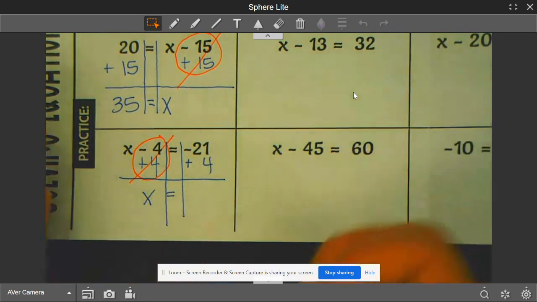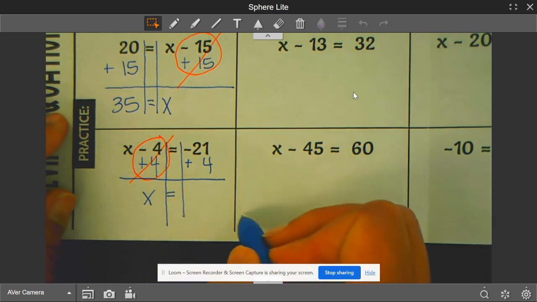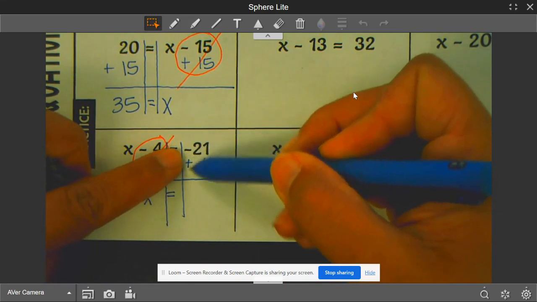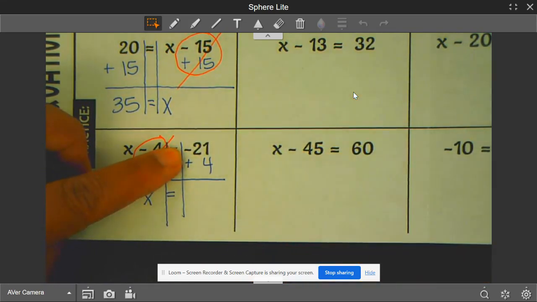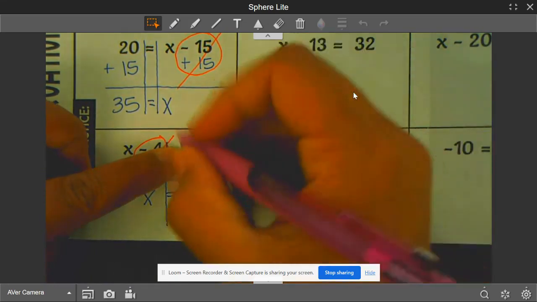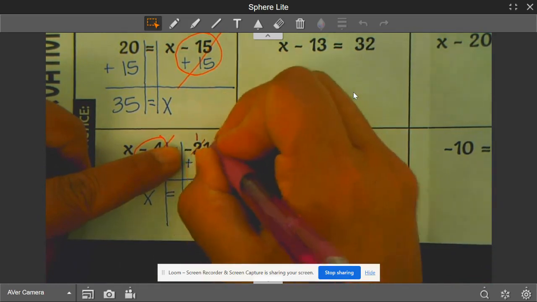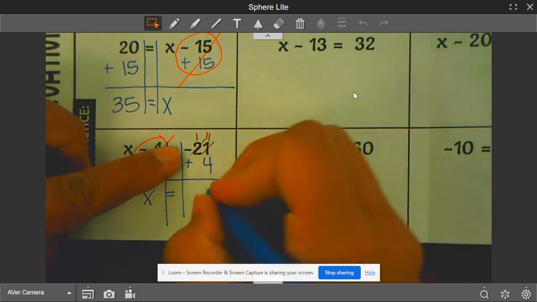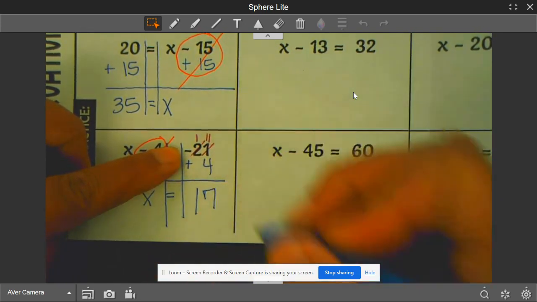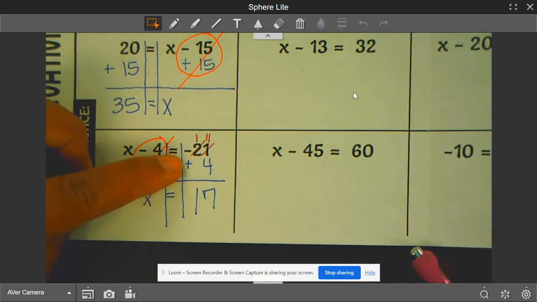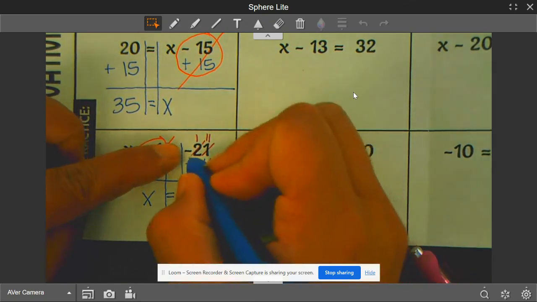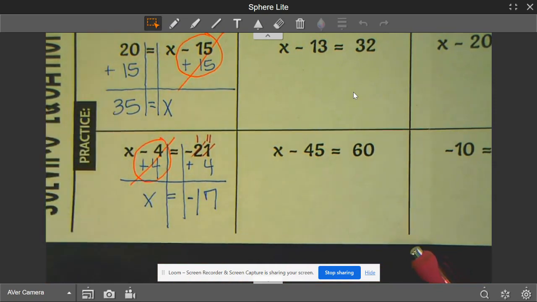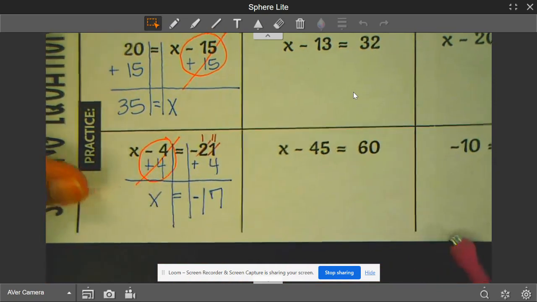If I want to draw the tiles, I could draw the tiles, or I can remember the pattern. Different signs. So I'm going to subtract. So I got to borrow and regroup. 11, 10, 9, 8, 7. And that's 1. So I had to subtract and I had to keep the sign of the one with more. There's more negatives, so I end up with more negatives. So it is -17.